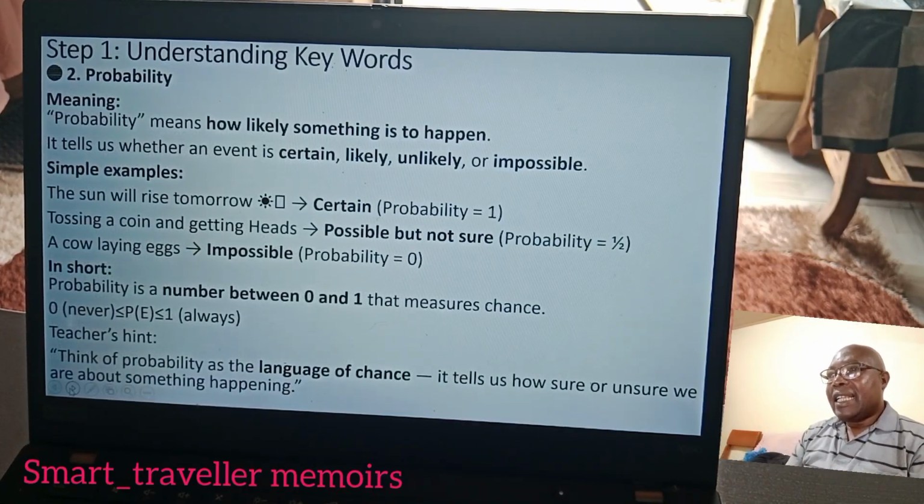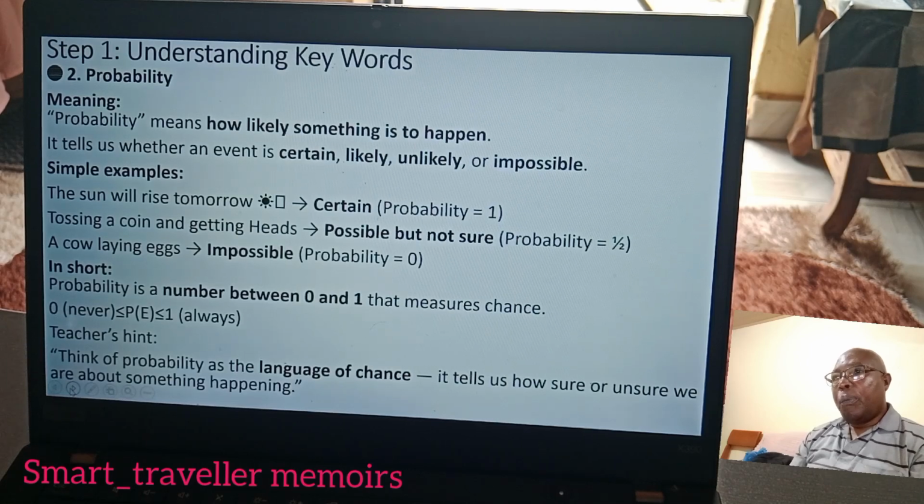The next key word is probability, because our topic is basic probability rules, and we have already dealt with the word basic. So, probability means how likely something is to happen. It tells us whether an event is certain, likely, unlikely, or impossible. Simple examples. The sun will rise tomorrow.